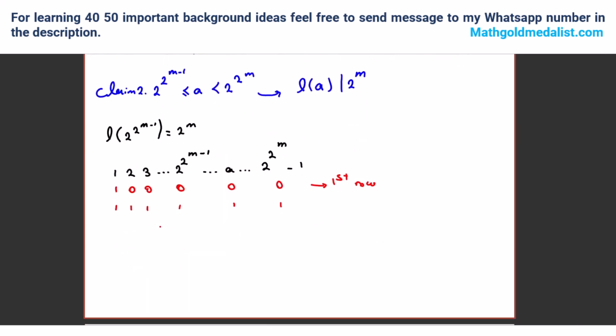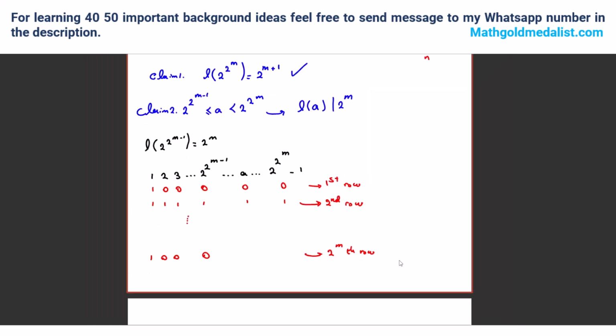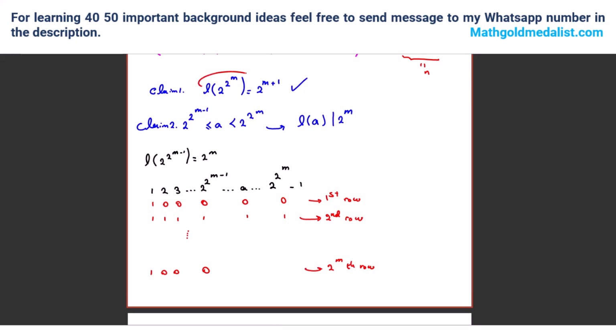And we know in which row it is, the second row. We know in which row, again, we have 1, 0, 0 until this part. The 2 to the mth row, right? Was that by induction? Here we prove.